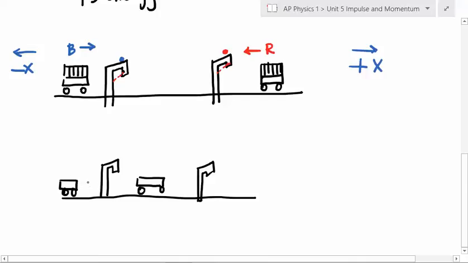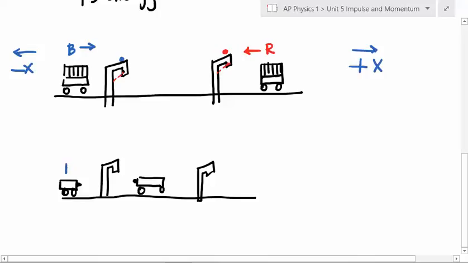Make sure there's enough room for the blue cart to get all the way through the first photo gate before it hits this one. So there'll be Velcro here and Velcro here. Put the Velcro to Velcro. Make sure the one in the middle is positioned so that the first one gets all the way through the gate before it hits the second one.